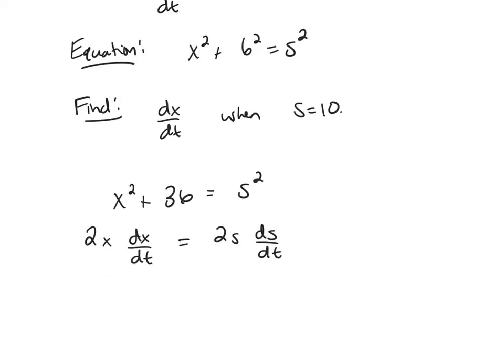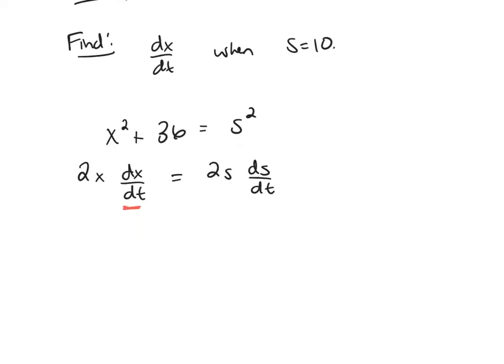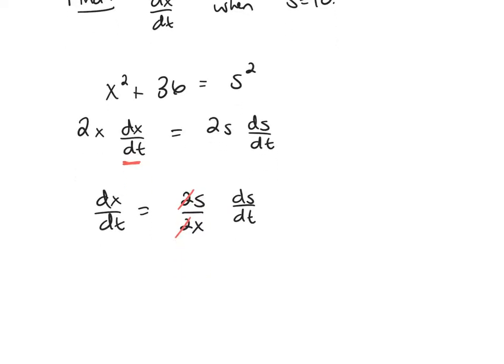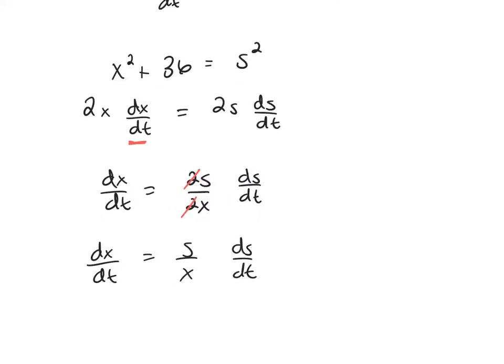And I'm supposed to find dx/dt, so I want to solve for that. dx/dt will be 2s over 2x, and then you can cancel these 2's here, so you'll get dx/dt equals s over x times ds/dt.